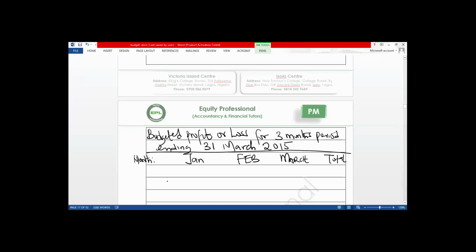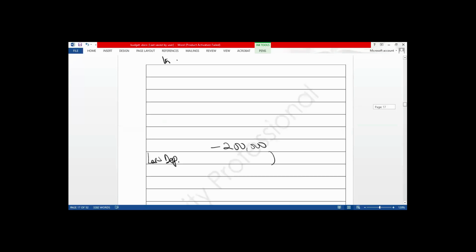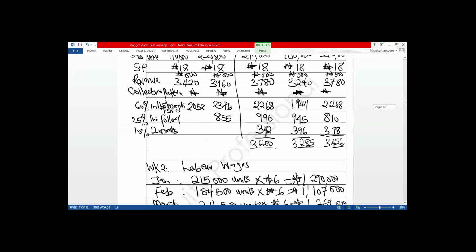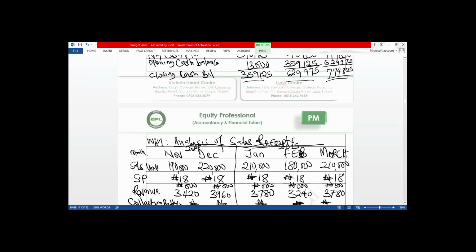You start with your sales revenue. If you look at the working we did, you are not going to pick the cash. Look at the sales revenue working. Revenue in January, 3,780,000. Whether we collect the cash or not, that is the revenue for January. For February, 3,240,000.